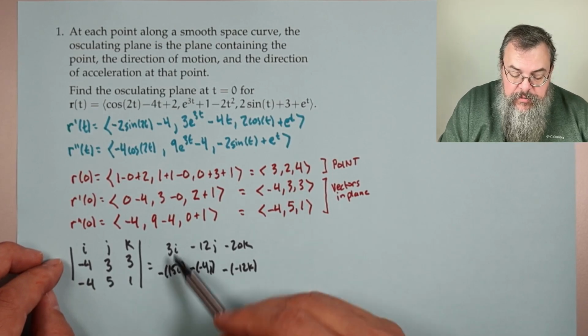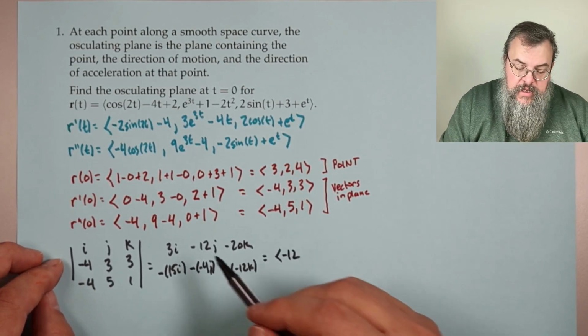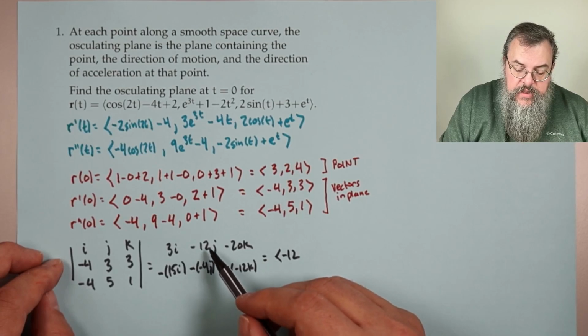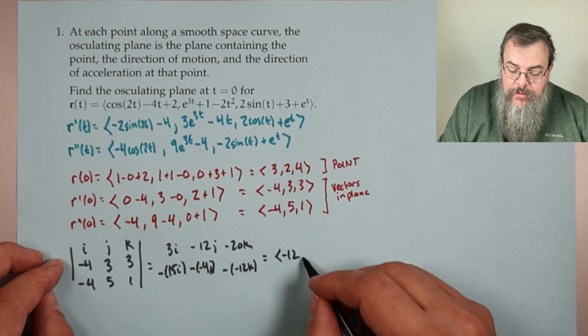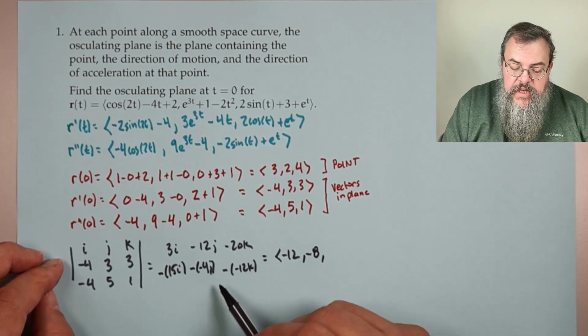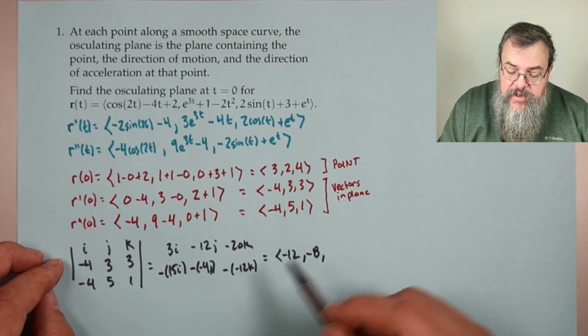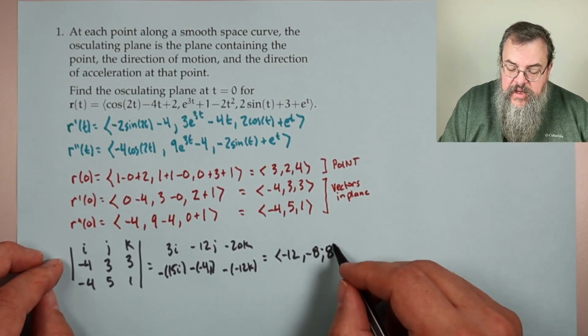So we have 3 minus 15, which gives negative 12. Minus 12 minus minus 4, that's really minus 12 plus 4, which would be negative 8. Minus 20 minus minus 12, that's minus 20 plus 12, which would give us negative 8 again.